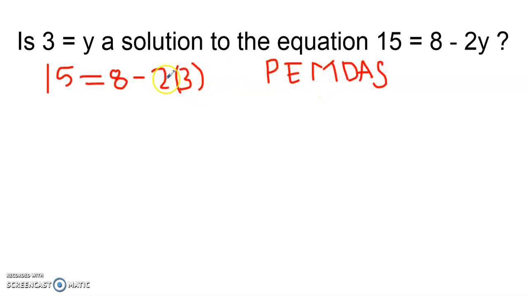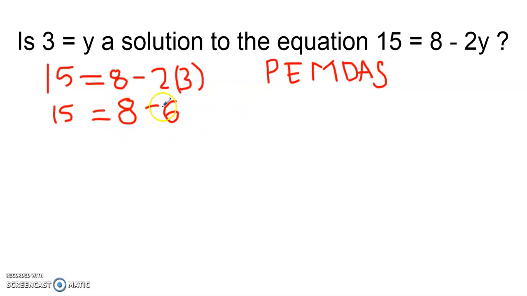Now we've got our negative 2 times 3, so we'll go ahead and solve that, which is negative 6. So we'll bring down the rest of our equation, our 8 and our 15. We don't have any division, so we'll go on to addition and subtraction.